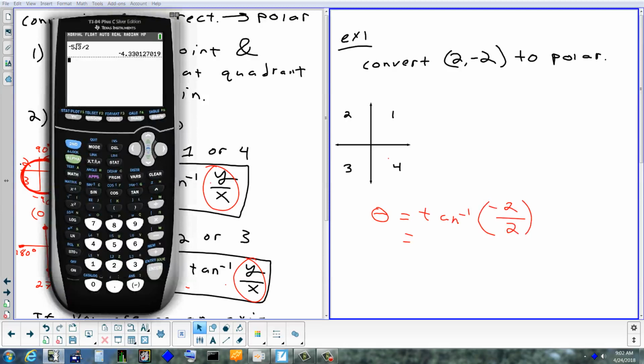Now, if we want just to kind of save us having to press a few buttons, what's -2 divided by 2? -1. So I can just type the inverse tangent of -1. And I get -45. So that's my angle.